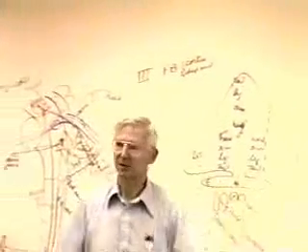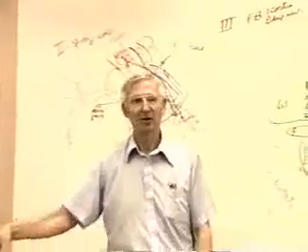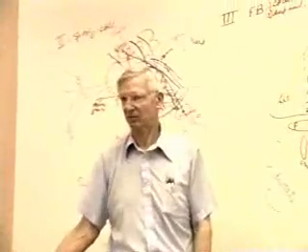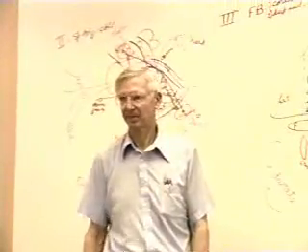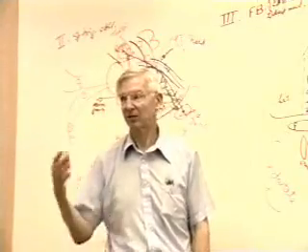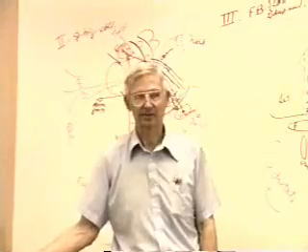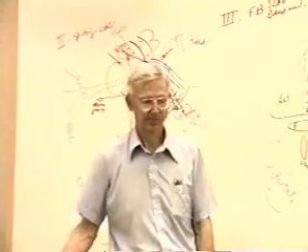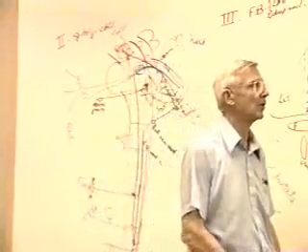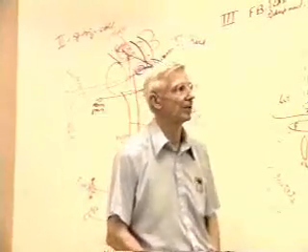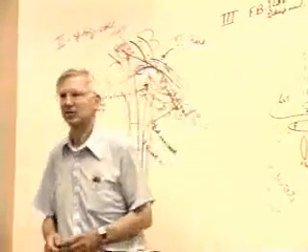Forebrain opposite, cerebellum ipsilateral, to the extremity that's being controlled. So again we have with a cerebellar lesion, ipsilateral incoordination. Any problems?